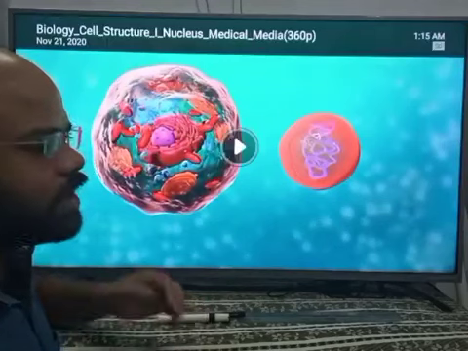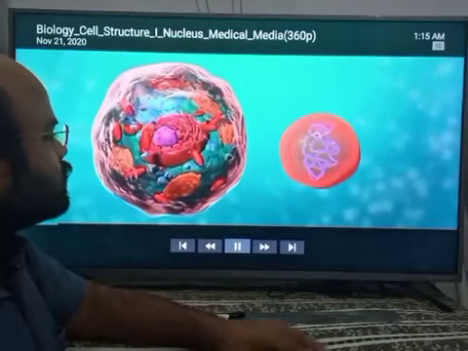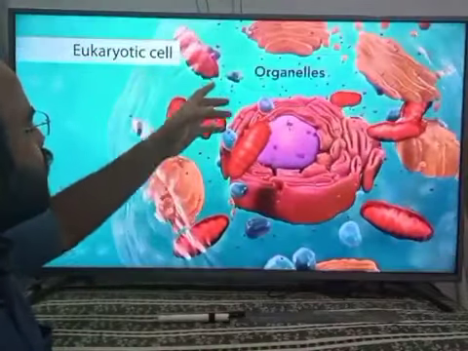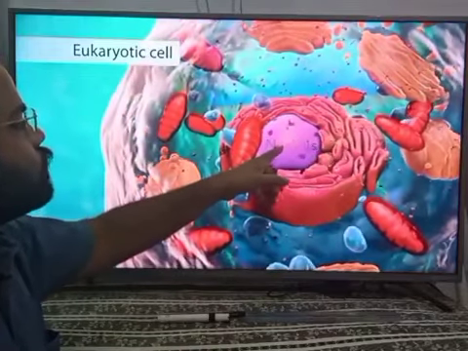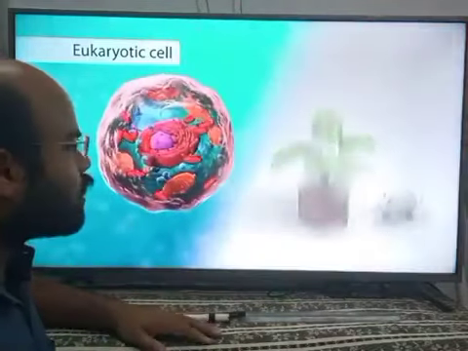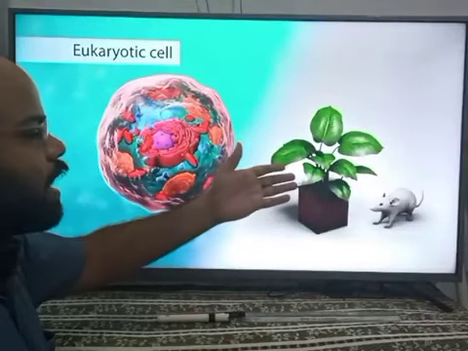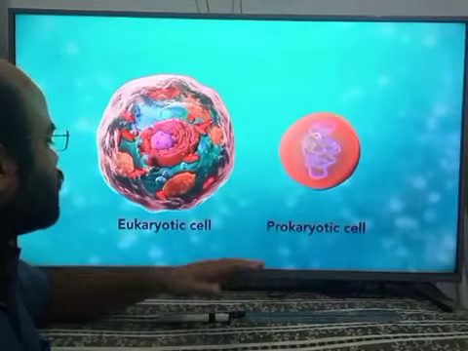As we have studied, cells are basically of two types. One is the eukaryotic cell. This is the eukaryotic cell, and inside the cell organelles are found. Out of that, nucleus is the most important cell organelle. These eukaryotic cells are found in plants, animals, and all other categories we have studied.